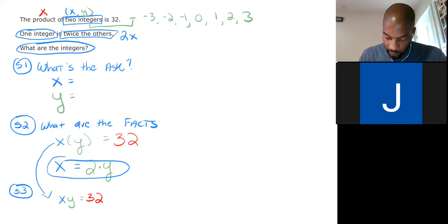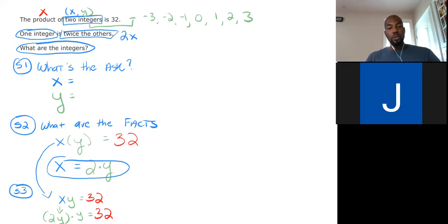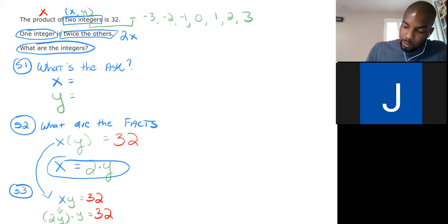So I replace this x with 2 times y, and I still have my multiplied y would equal 32. I've used what the value of x should be to replace x in the first equation. So now I'm going to solve that up here: 2 times y, which is really the substitute for x, times y is equal to 32.